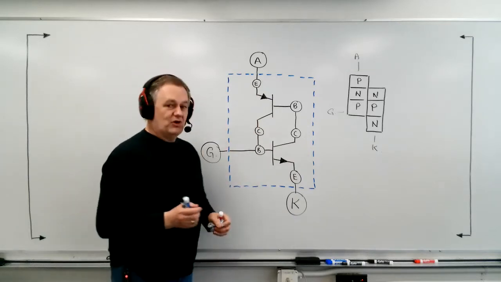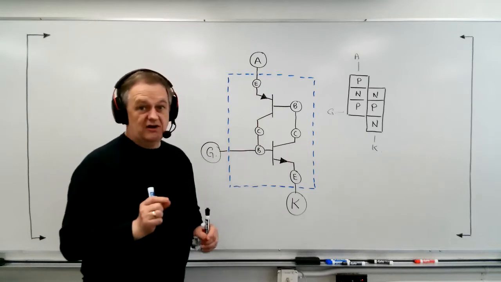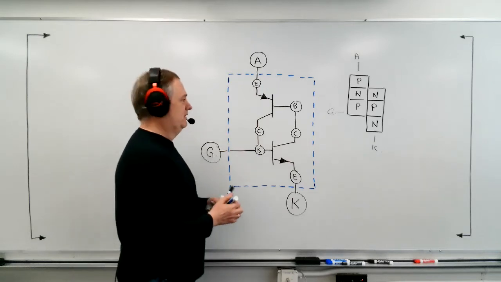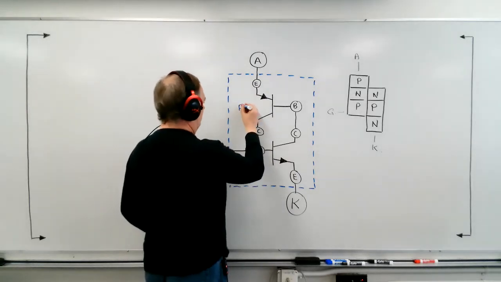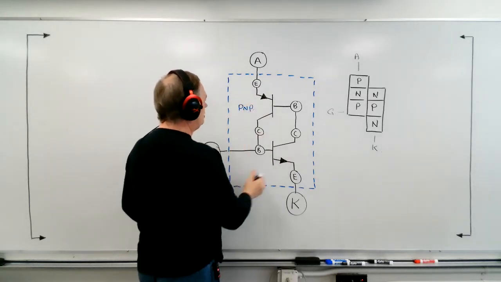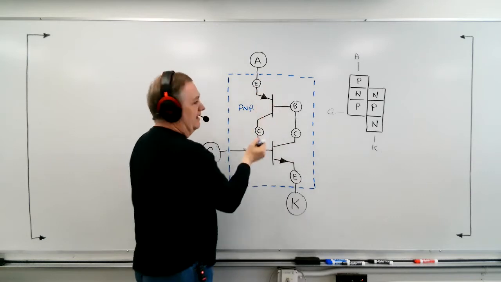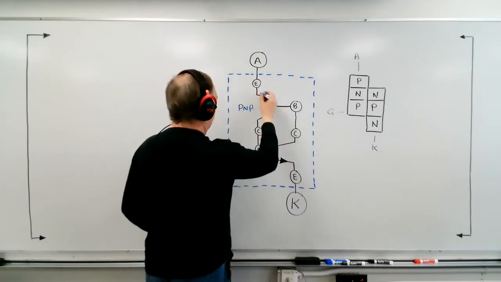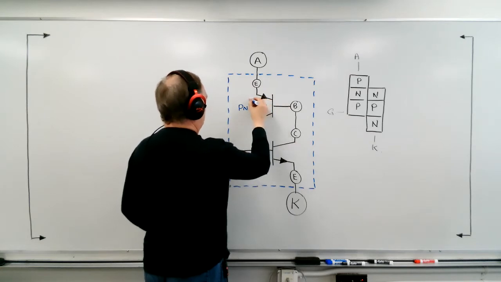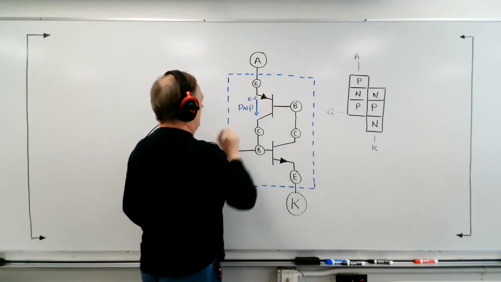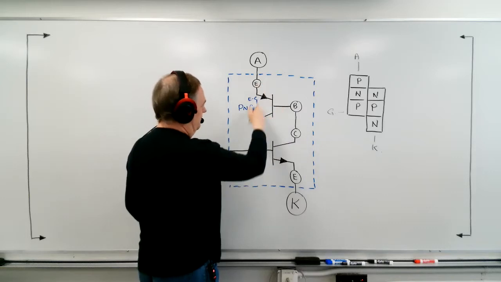Now, operation-wise, we need to be very careful and look at what's happening. I want to start with the PNP transistor. We know that the main current path through a transistor is this one, which is essentially going to be E to C. That's the main current path.